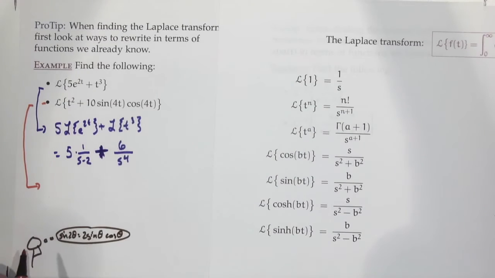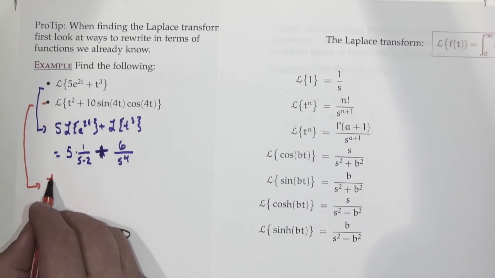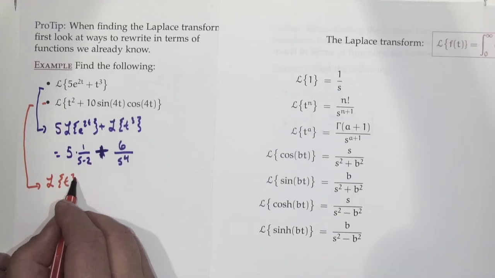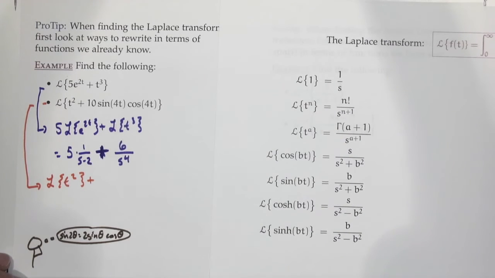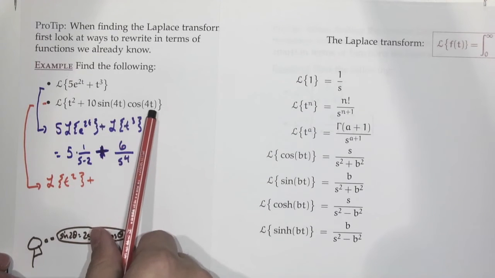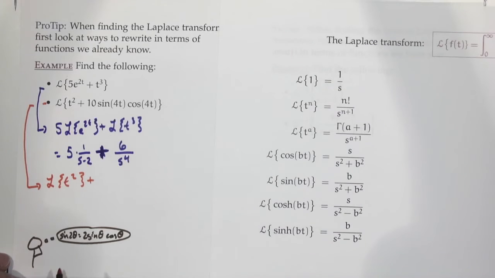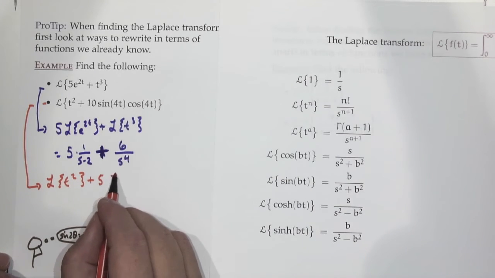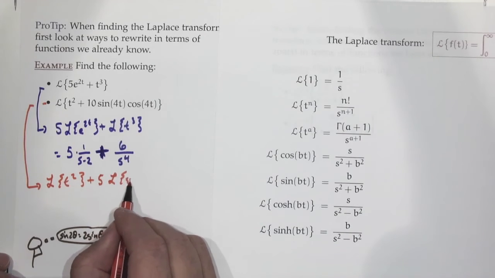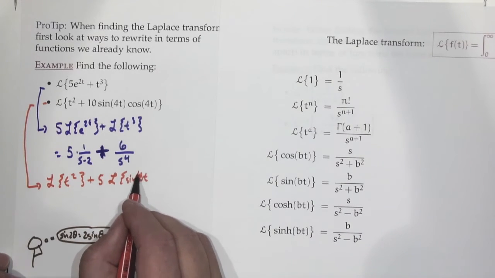Okay, so what does this 10 sine 4t cosine 4t become? There'll be a sine of 8t, and the coefficient will be 5. So I can pull the 5 out, and then we take the Laplace transform of sine of 8t. Okay.